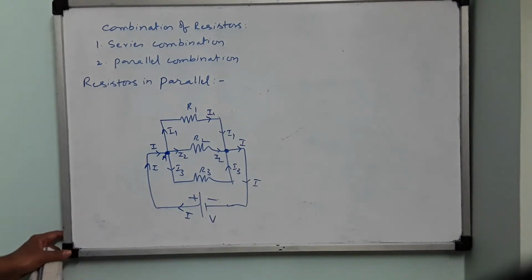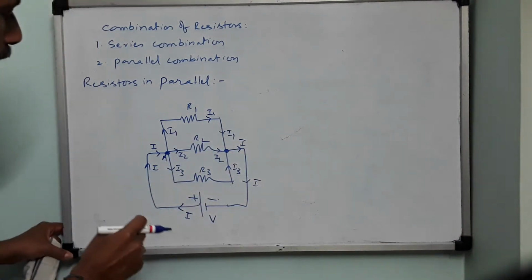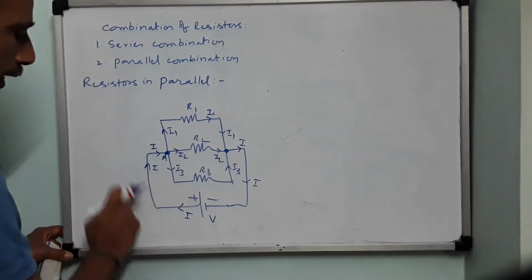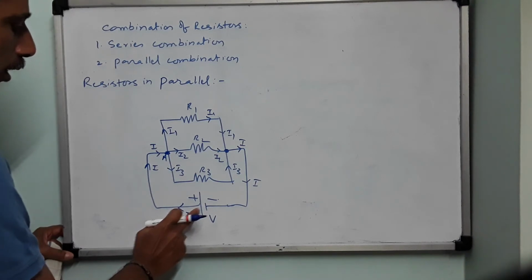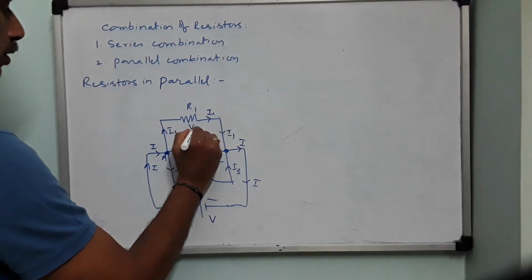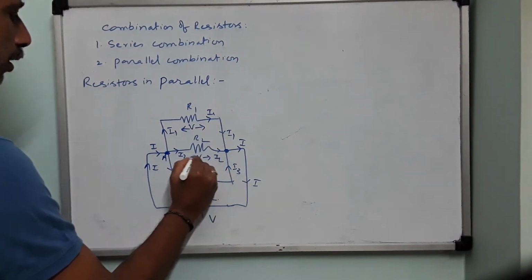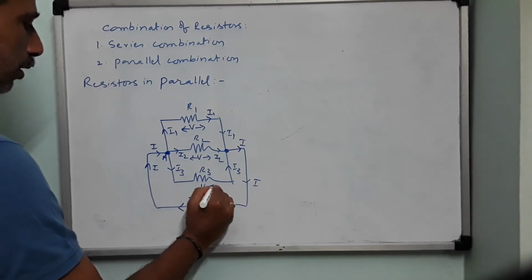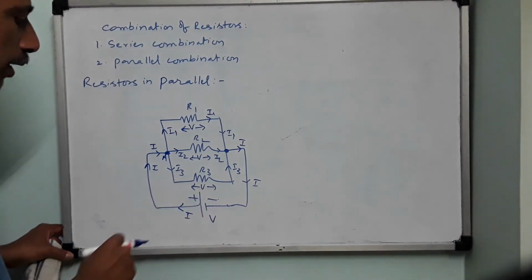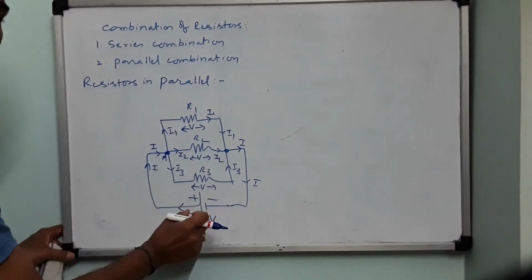Right. Now as current is getting divided and every resistor is directly connected to the terminals of the cell, all of them will have the same potential difference. This is V, and here also V, here also V. I repeat, as every resistor is directly connected to the battery.